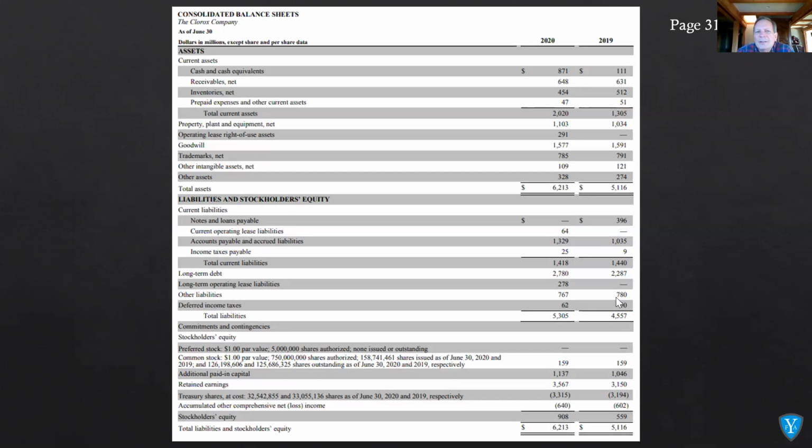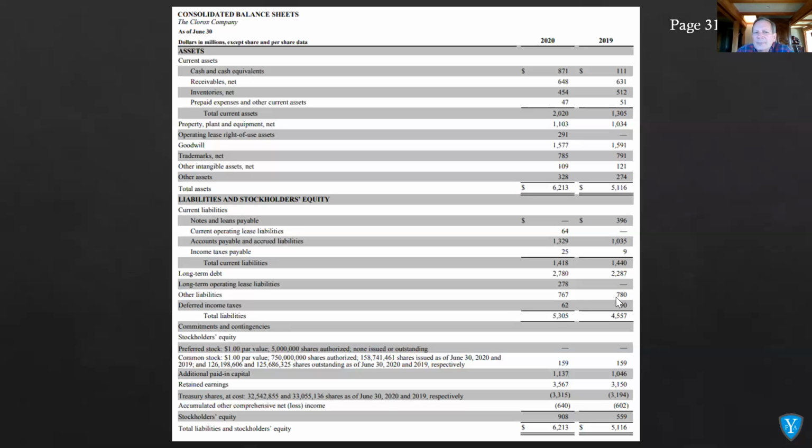Then on the other side, we go down to the section called Liabilities and Stockholders Equity, and we see that they have a number of liabilities. For instance, they owe accounts payable and accrued liabilities, which means that's just bills they have to pay to the companies that they've bought raw materials from, and they still haven't paid for those raw materials.